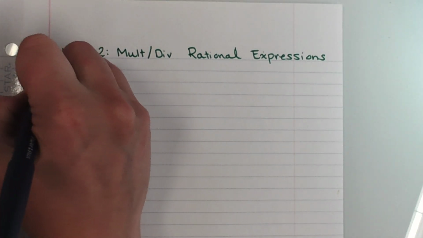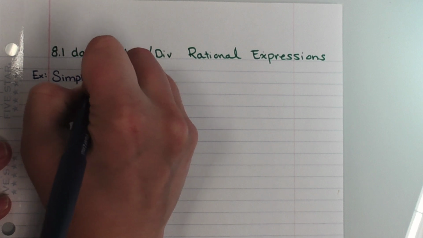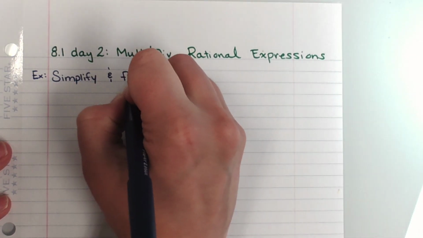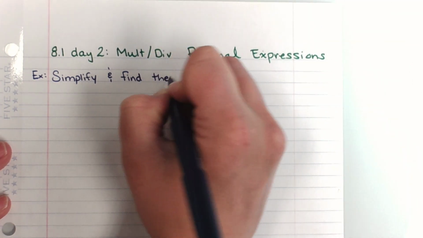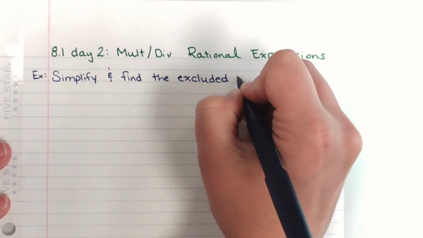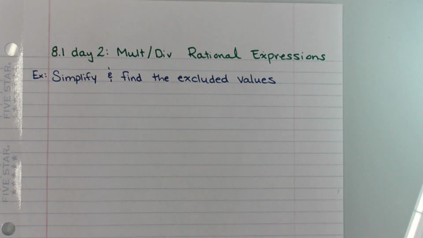Yesterday, we had started by working to simplify and find the excluded values. Now, as you go through and simplify and find excluded values, generally speaking, excluded values are not something I'm going to be asking you for every single time.